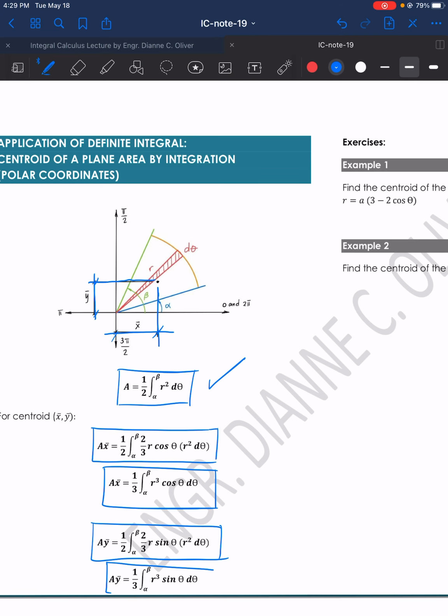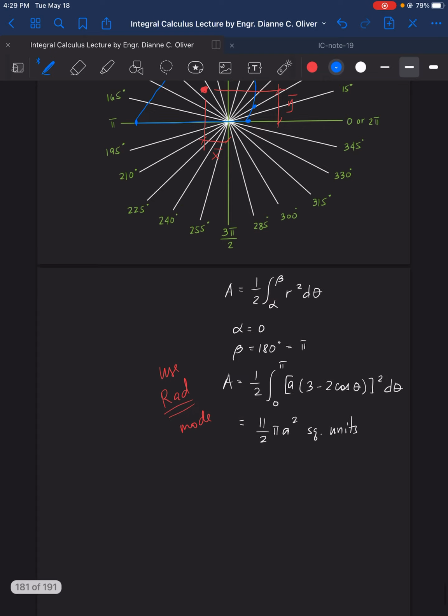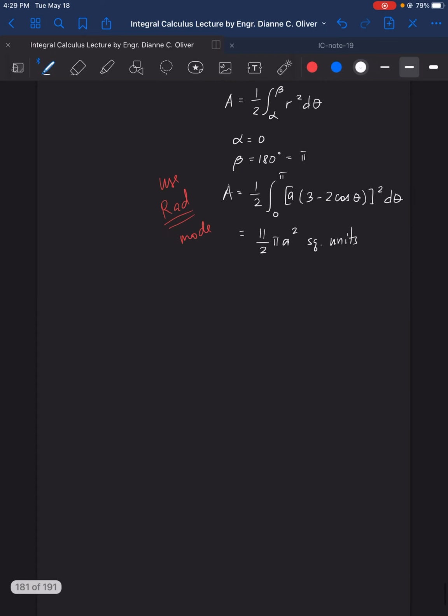Next, let's get the value for x bar using this formula. For x bar, we have area times x bar is equal to 1/3 integral of r raised to 3 cosine theta d theta, alpha to beta.